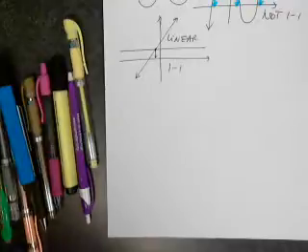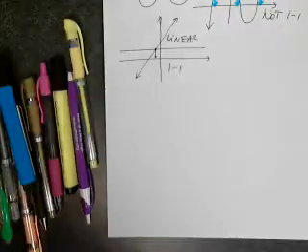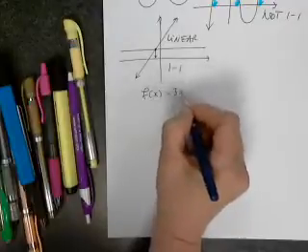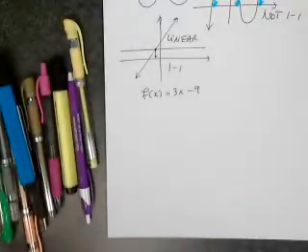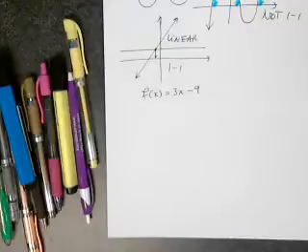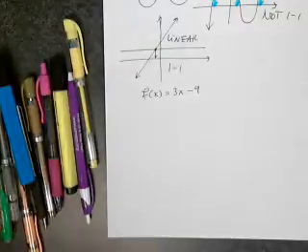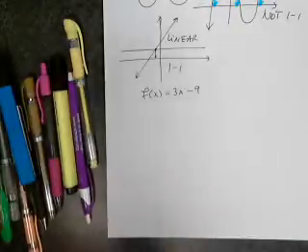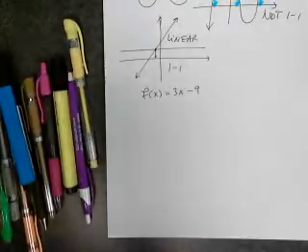Okay, so I would like to find the inverse function using that 4-step procedure. Let's say for f of x equals 3x minus 9. Is this function one-to-one? What type of function is it? We know many functions from this course.